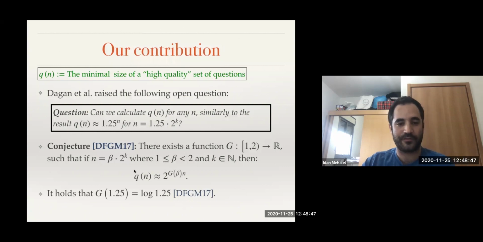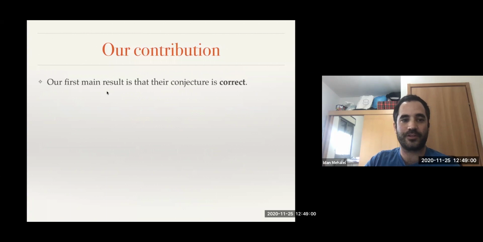So this is their conjecture, and for example, this result already implies that g of 1.25 is exactly log of 1.25. So this is their conjecture, and our first main result is that their conjecture is correct.